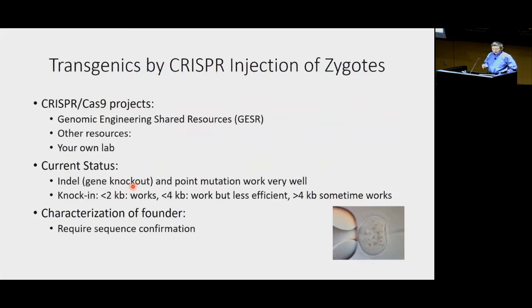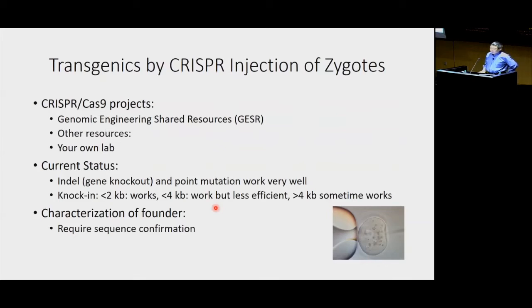For small indels, or we say traditional gene knockout, very simple gene knockout, or if you want to make a point mutation, that's new. In the past, making a point mutation could be tricky, but with CRISPR, now it works very well. So if you want to make a simple gene knockout, or some point mutation, changing one base pair, two base pairs, or a few base pairs, that is very mature with the CRISPR approach.